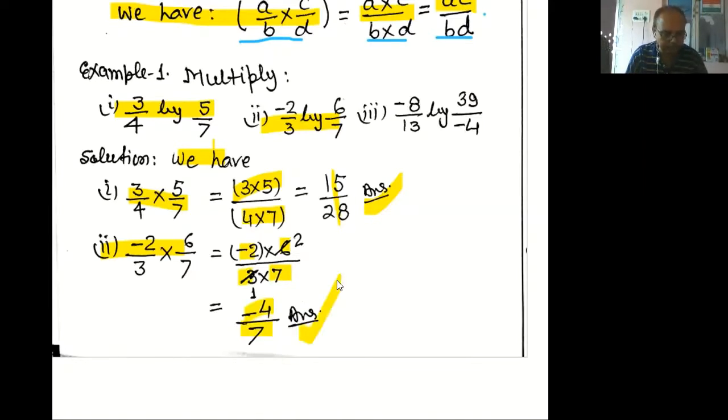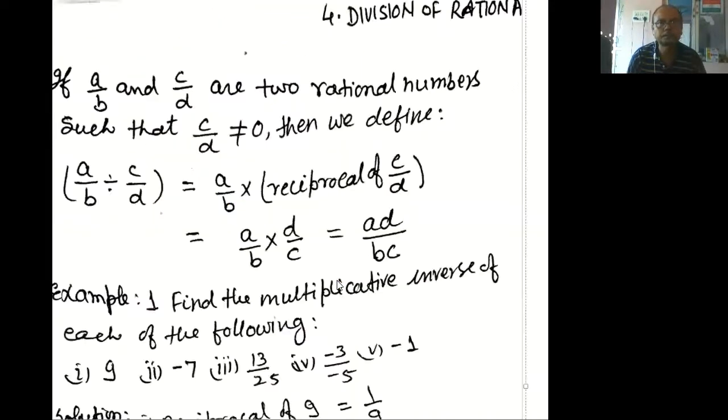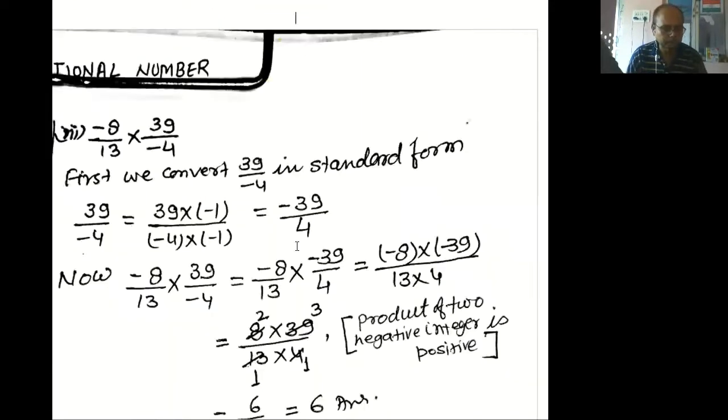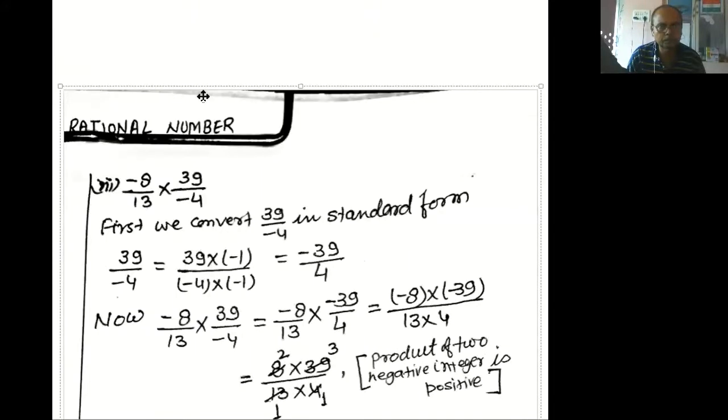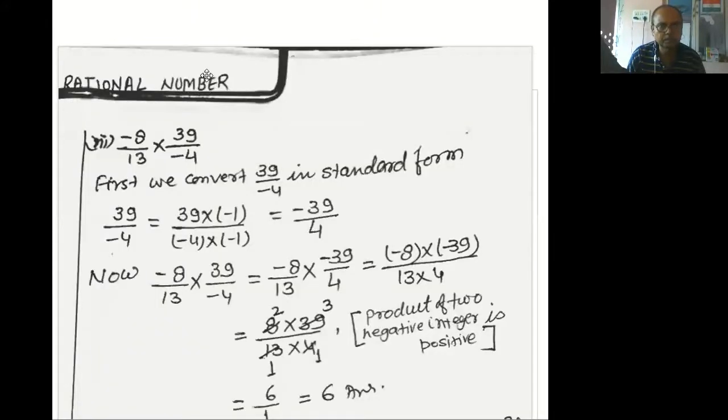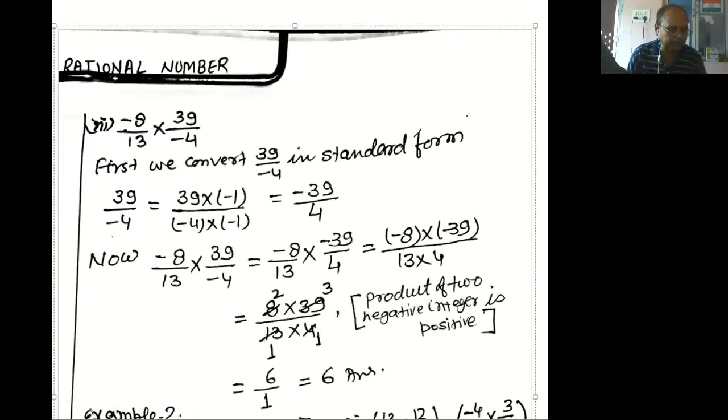The third example is minus 8 upon 13 into 39 upon minus 4. Here we see that in the second term, minus is in the denominator.